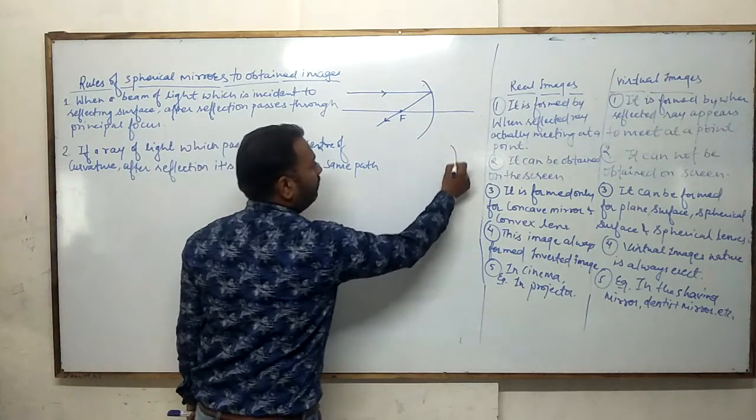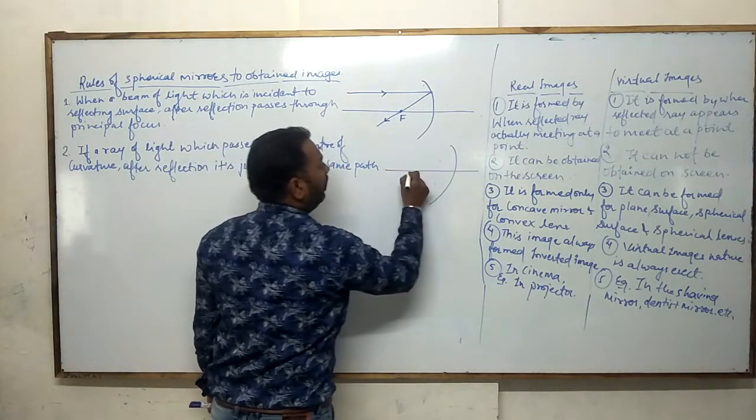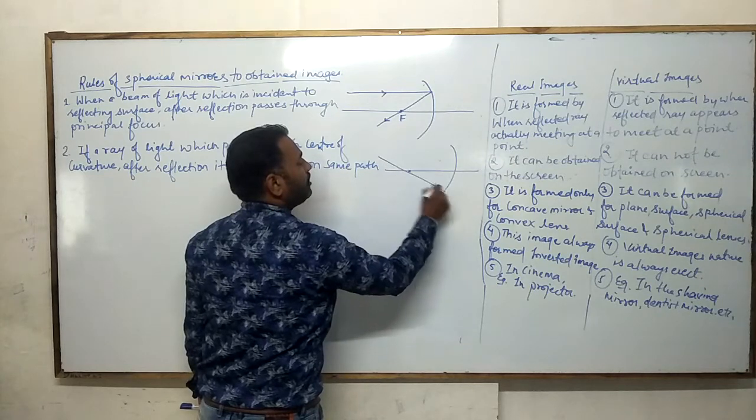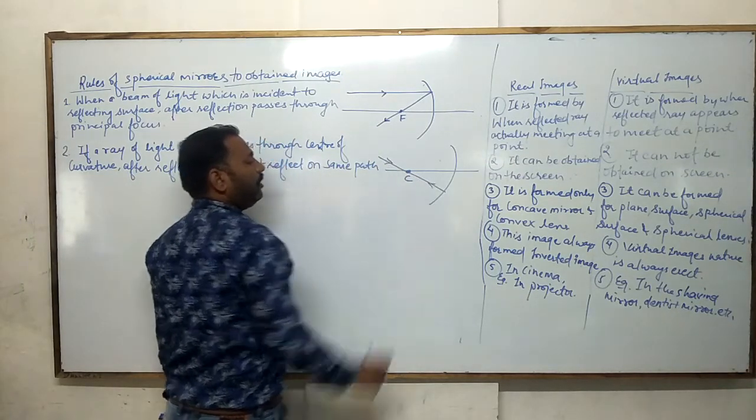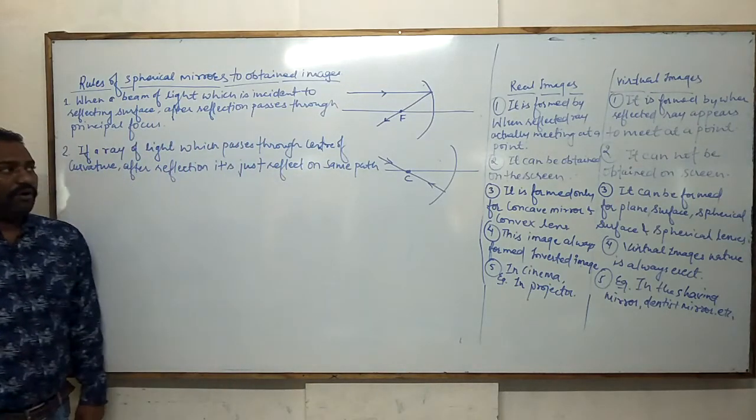It means if this is the diagram, then any ray which is passing through this center of curvature will pass again on the same path of the center of curvature.